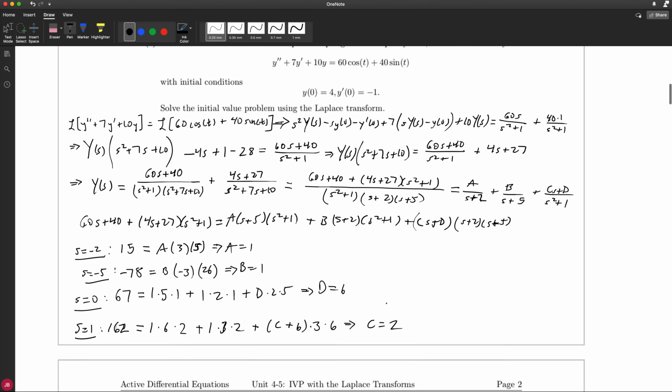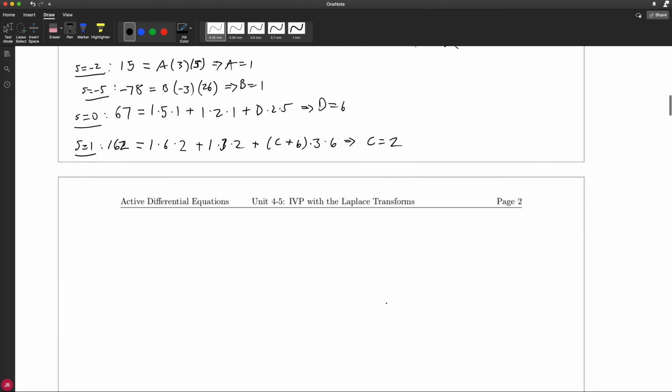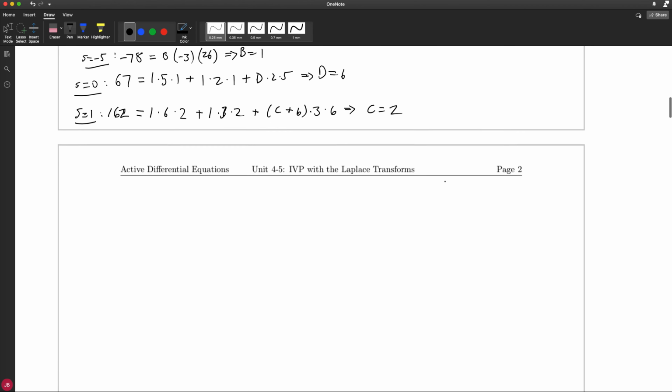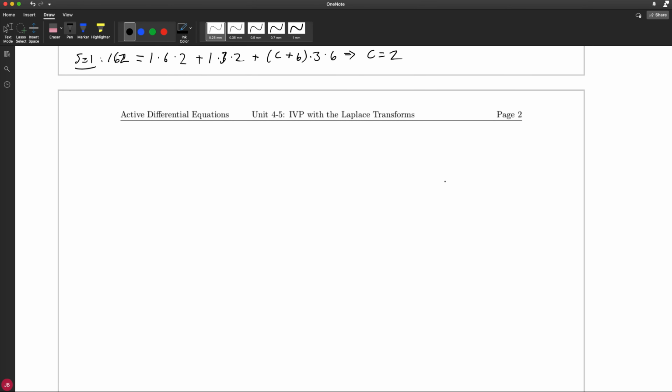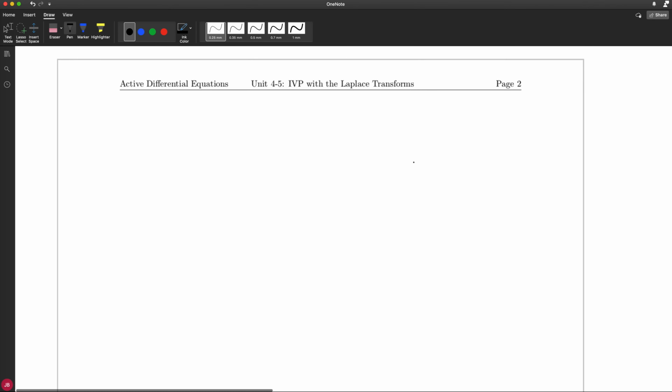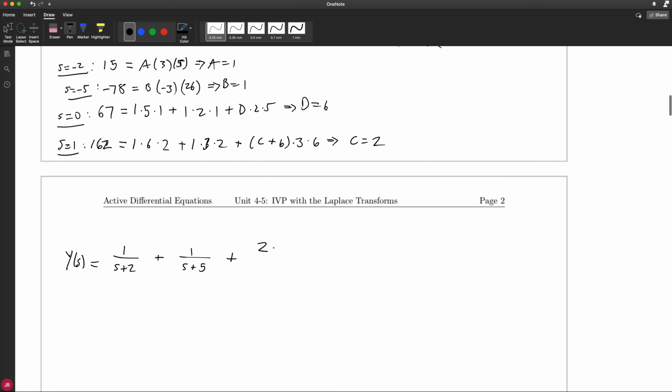Okay, so I left the next page blank so that we can have more room to work on this. So now let's write y of s in terms of our decomposition. So capital Y of s, well, remember it was a over s plus 2, so 1 over s plus 2, plus b over s plus 5, remember b was 1, plus, and then c, which was 2, s plus d, which was 6, all over s squared plus 1.